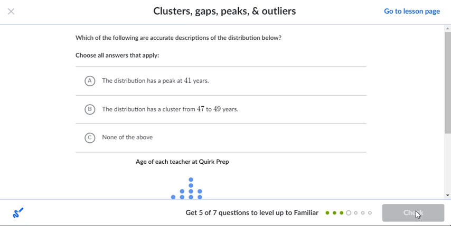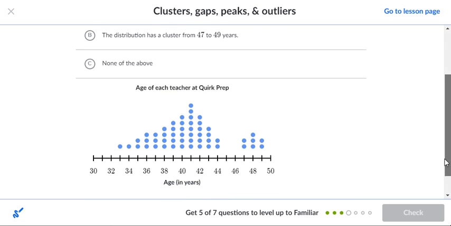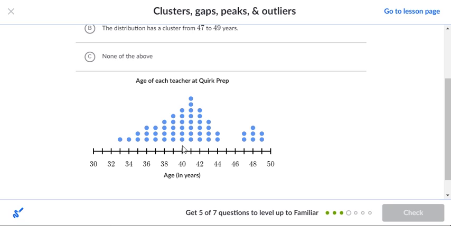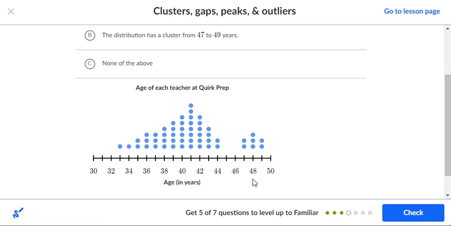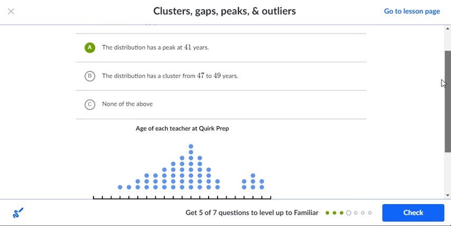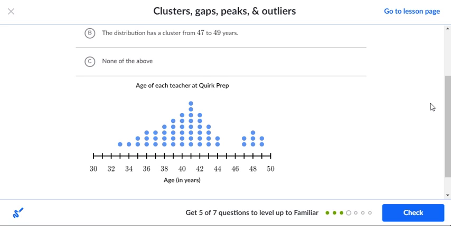Which of the following are accurate descriptions of the distribution below? The distribution has a peak at 41 years. Yes, do you see that's the highest right there? So that is correct. The distribution has a cluster from 47 to 49. Now that would actually be true because a cluster is points that are kind of separated from other points, like outliers.